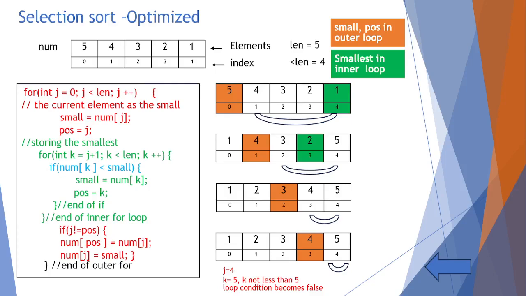That means pos and j are both pointing at the number 3, that is index 2 only. So we are using one condition: if j not equal to pos. The inner for loop did not change it, so pos is equal to j only in the third iteration. If j not equal to pos, then only swap. That means we will be reducing 2 more swaps for this input, that is 5, 4, 3, 2, 1.